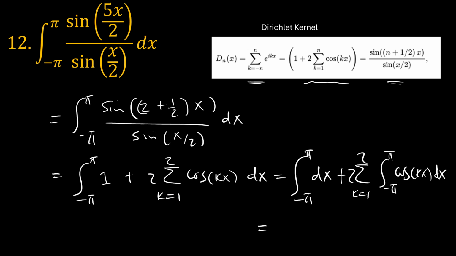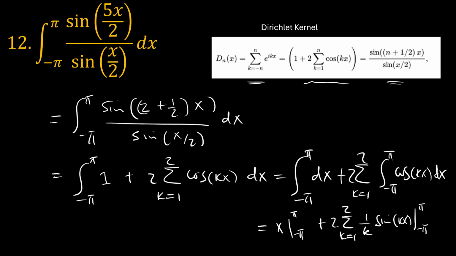So this is x from negative pi to pi, plus 2 times the summation from k equals 1 to 2 of 1 over k sine of kx from negative pi to pi.